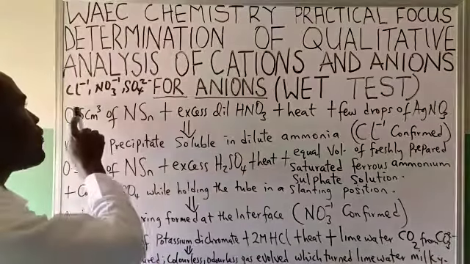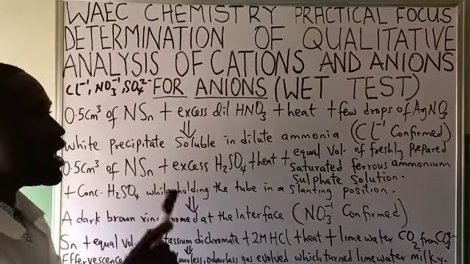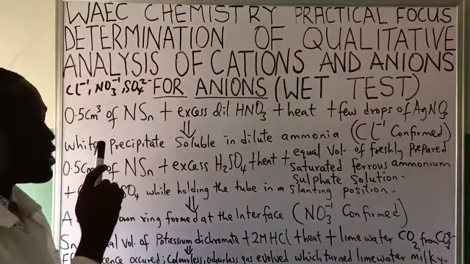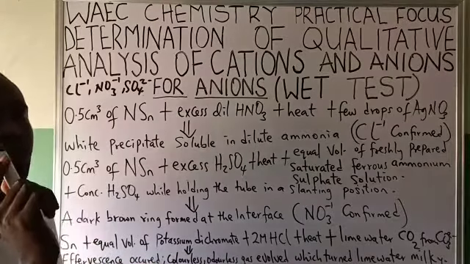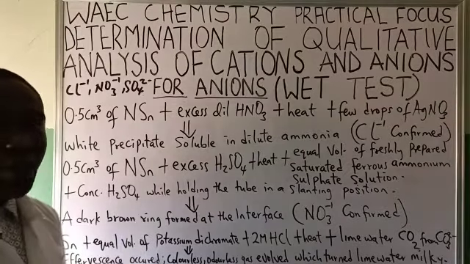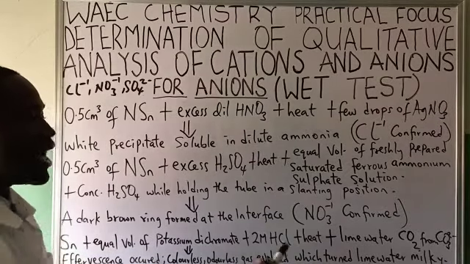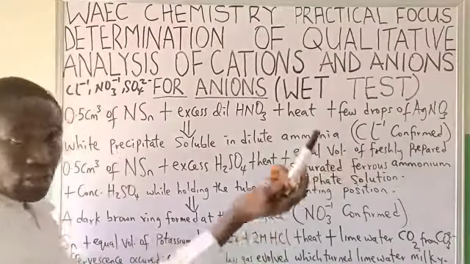We use it for chloride, nitrate and sulfate ion because sodium carbonate has the ability to precipitate or remove the heavy metals that will interfere in the determination of the acid radicals, the polyatomic anions or monatomic anions.